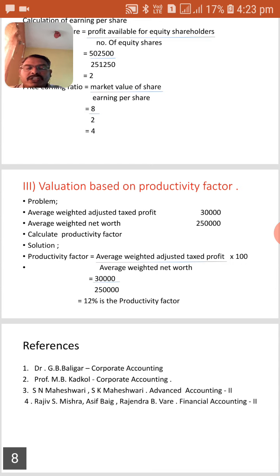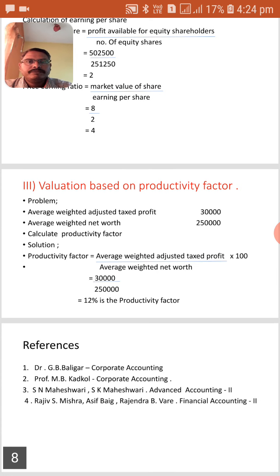The formula for productivity factor is average weighted adjusted tax profit divided by average weighted net worth into 100. On the basis of the above information, 30,000 divided by 2,50,000, that comes to 12% as the productivity factor.